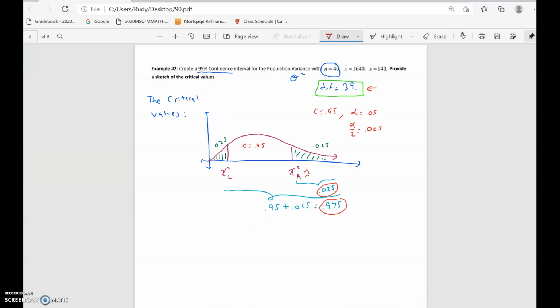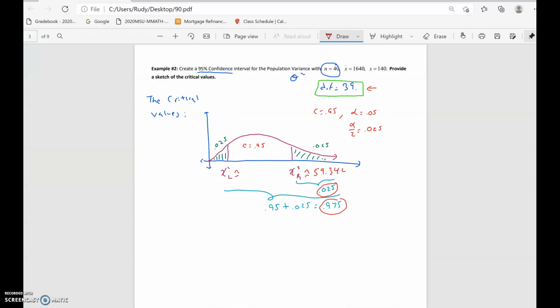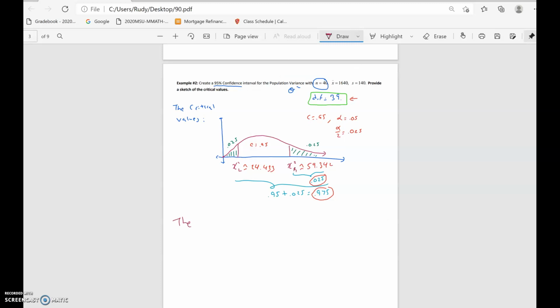So 59.342. Then for 0.975, 24.433. So let me just rewrite it: the critical values using n equal to 40 are the one on the left, which is 24.433, and the one on the right, which is approximately 59.342.